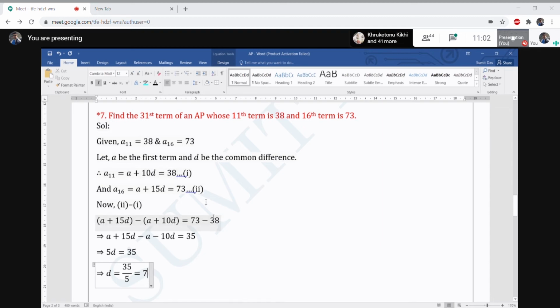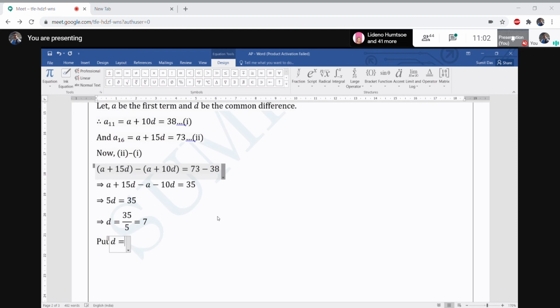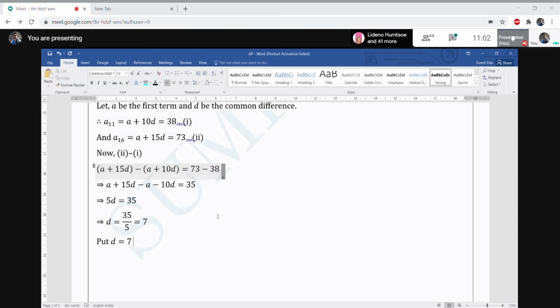Okay, so now put d equal to 7 in equation 1.